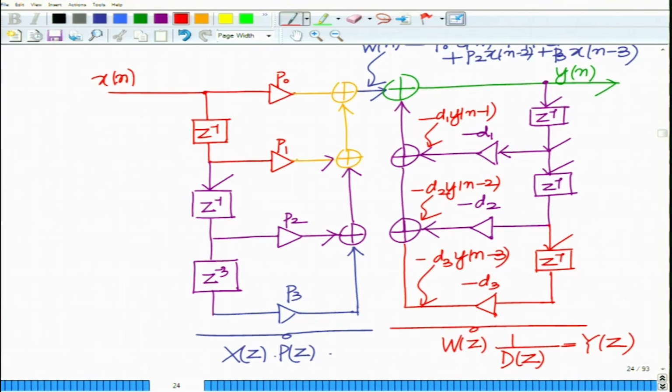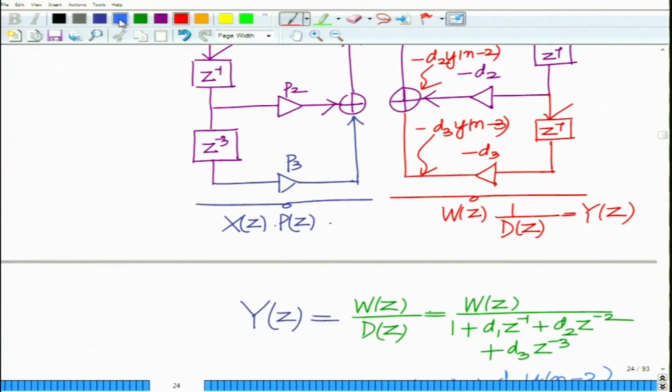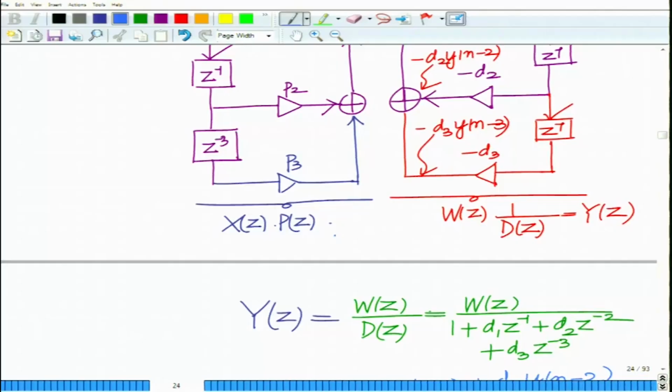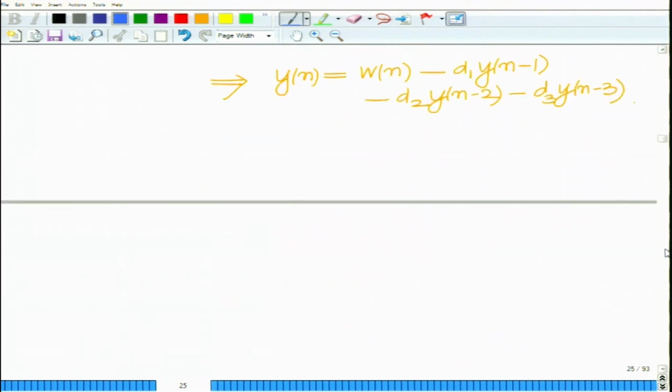This is known as the direct form 1, and this kind of realization, this cascade of two systems, is known as the direct form 1 realization, that is your DF1. Okay. So, that gives you your DF1 realization.